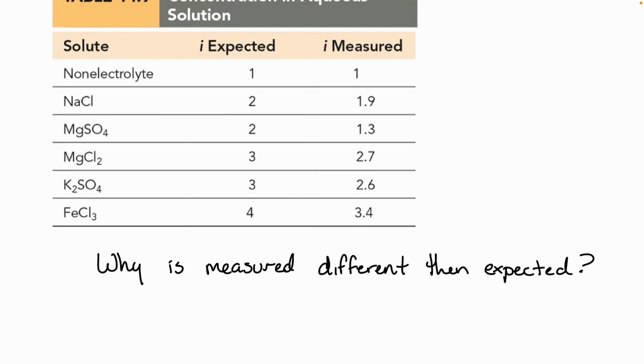This is what's called the phenomenon of ion pairing, which just means that there's some small population of ions in solution at any given moment in time that are still bound together, still talking to one another. Out of all of those sodium ions and chloride ions floating around, about 5% of them are still talking to one another.